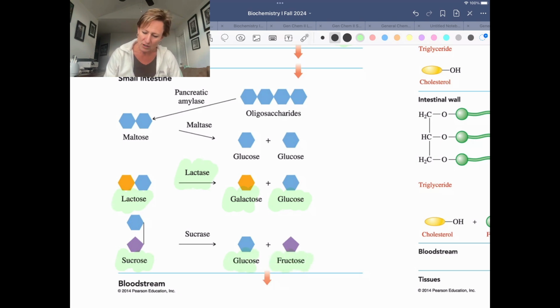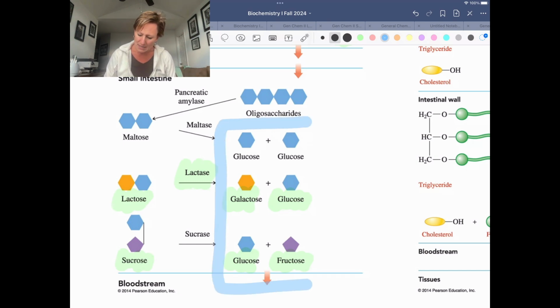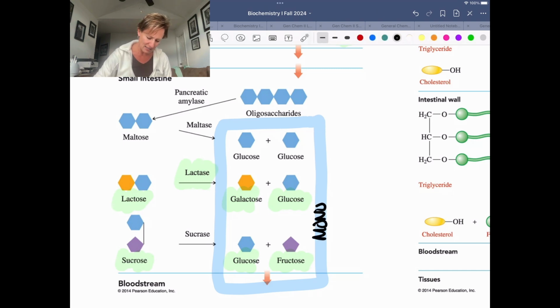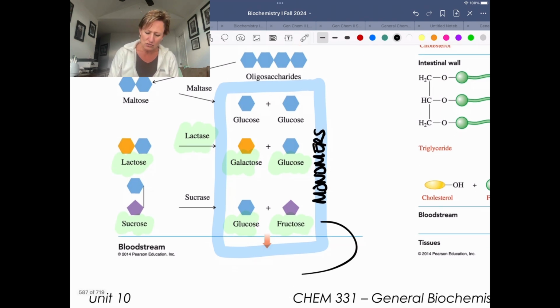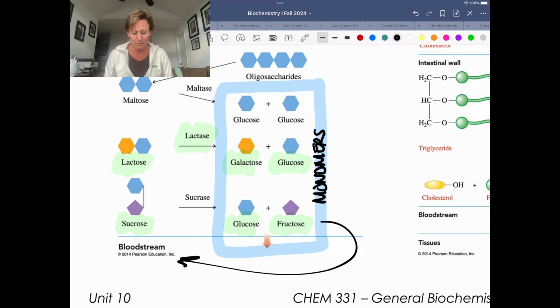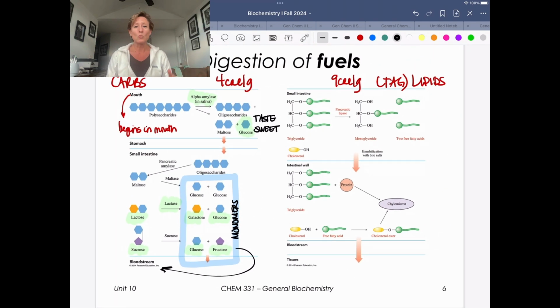The big picture, and we'll see this as a theme throughout this section, is that we need monomers, because only monomers are going to exit your GI tract and go into your bloodstream. So that's a simple way to think about digestion of carbohydrates.